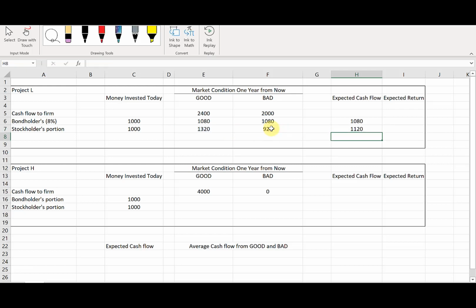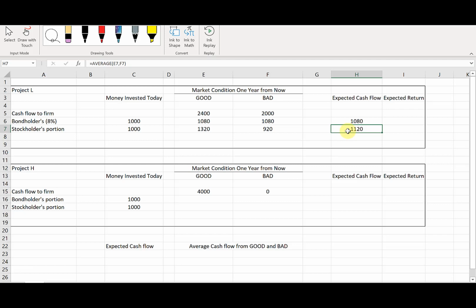You can do it yourself using a calculator or maybe in your mind, but it's helpful to have it this way so that in the future, if you want to play around with the numbers, you can. Now we have our expected cash flow for the bondholders and the stockholders. The bondholders on average would expect 1,080 from this project. Stockholders are looking at an expected cash flow of 1,120.